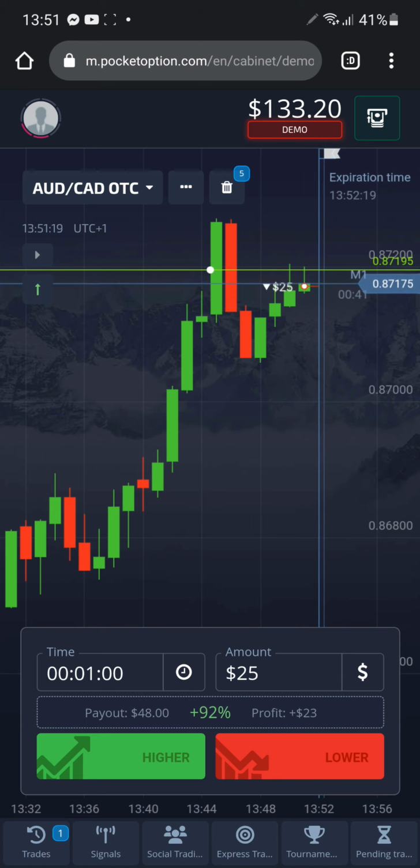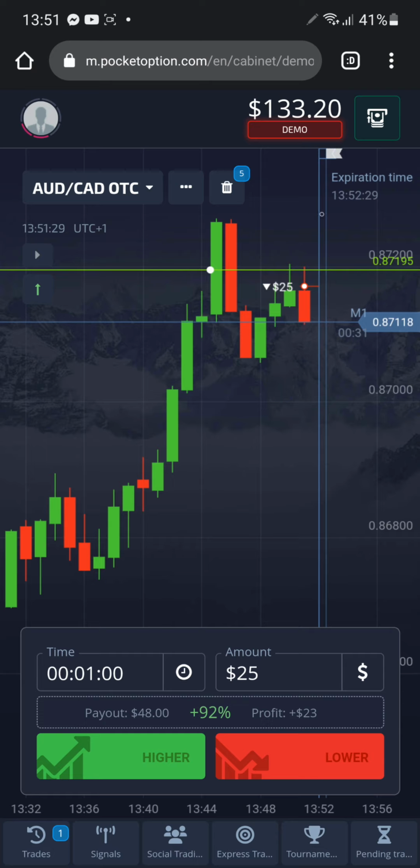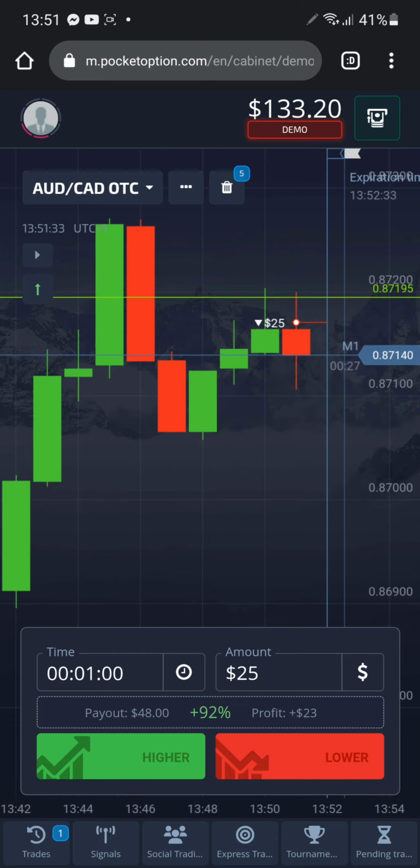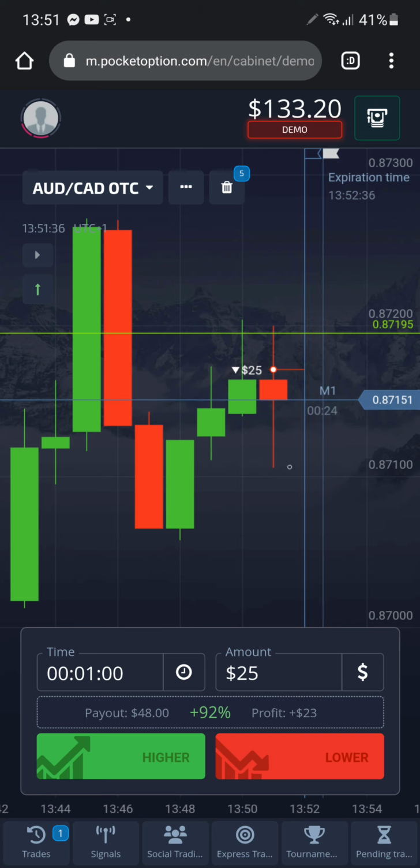We have less than 40 seconds to go. You can see they've removed the $25 from the balance now, and as long as this price stays under the area of our entry, we are in profit.